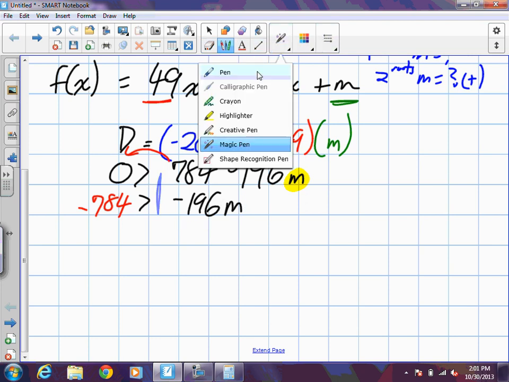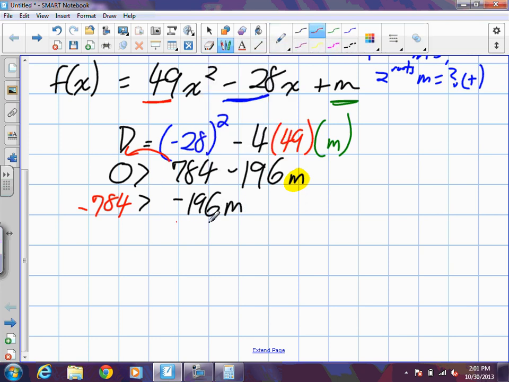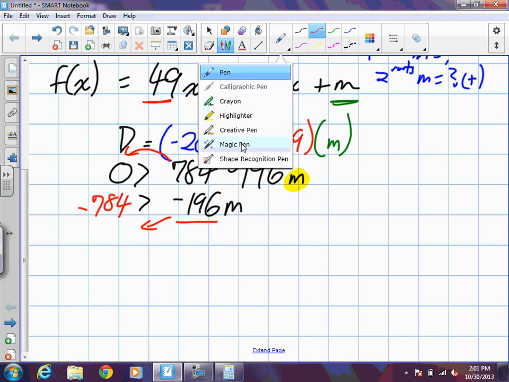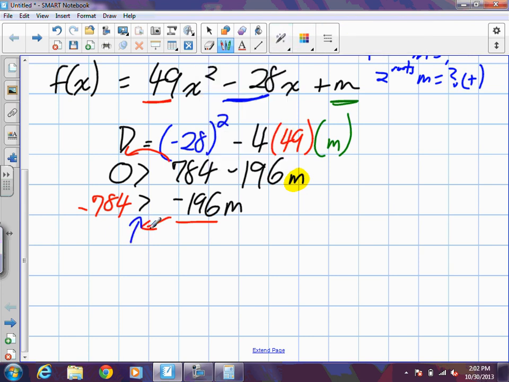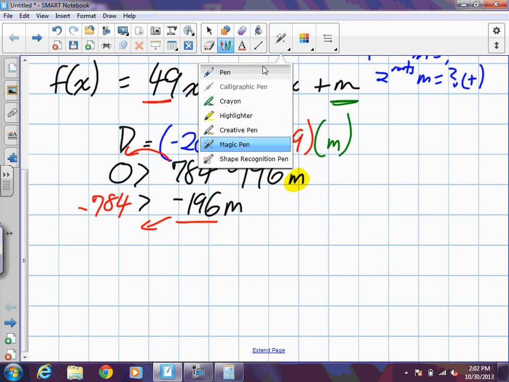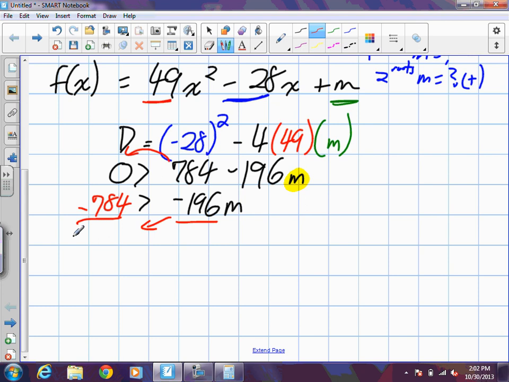Now, we don't talk about this in this course technically, and this is why technically the question was asking us specifically for 1 root, because we're setting it equal to 0. But I'm going to teach you this anyways. If you're working with an inequality, and inequality is when we're talking about things being greater than or less than, when you divide or multiply by a negative, the inequality flips. We don't have to know this for our test, but it's good information to know anyways. So because we're dividing by a negative value, the inequality is going to flip.